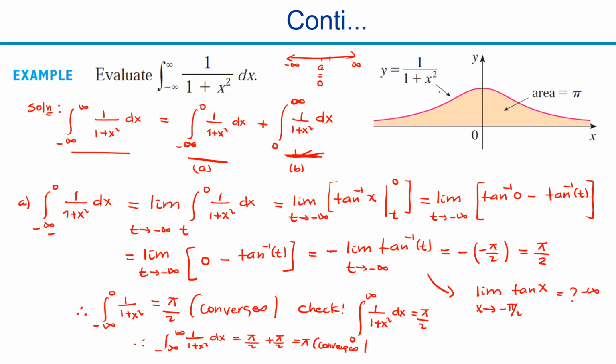So what we are saying is, this part alone is the integration from 0 to infinity of 1 over 1 plus x squared dx, and this part is the integration from minus infinity to 0 of 1 over 1 plus x squared. This half is pi over 2, this half is pi over 2, and the whole is pi.